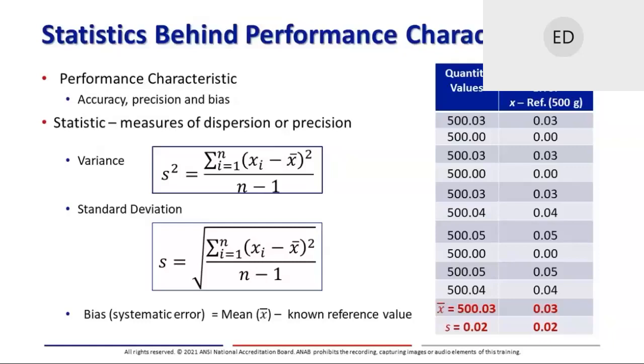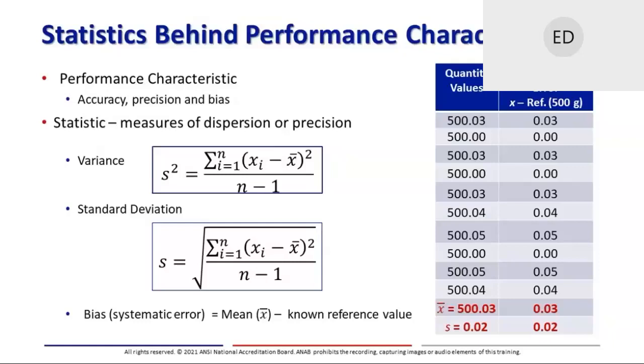You can assess bias or that systematic measurement error by comparing the measurement result or the average to a known reference value. So in the example presented here on the right-hand side, we have quantity values, those things that we measured. The average is 500.03, and if we wanted to estimate the measurement error, we would take the quantity value and subtract it by the known reference value to get to the measurement error.